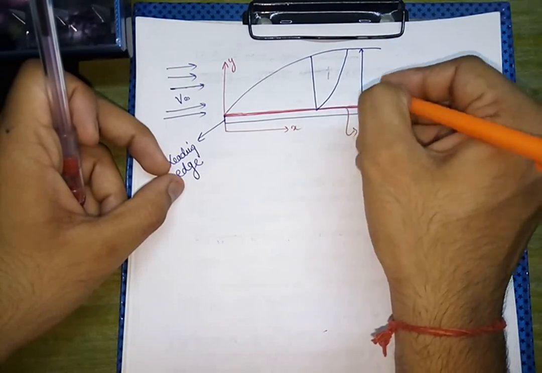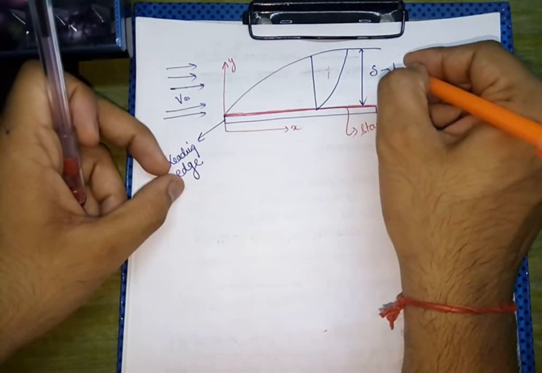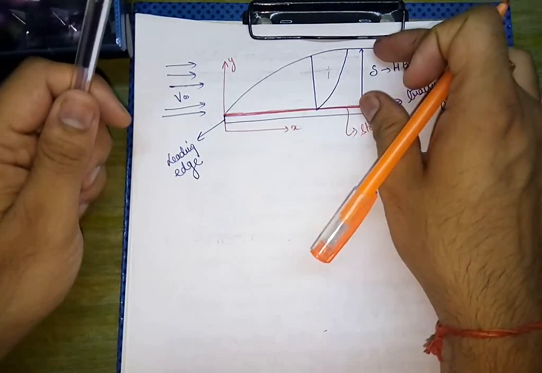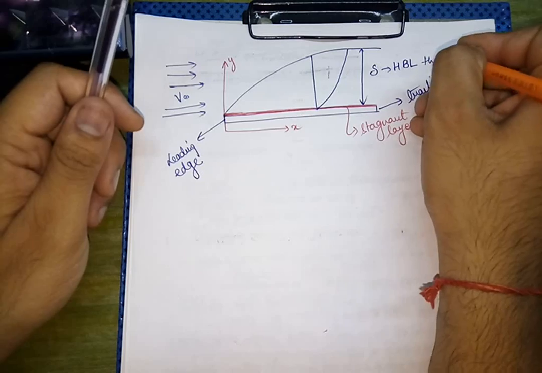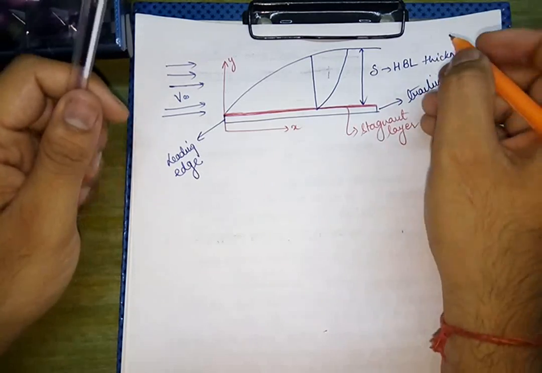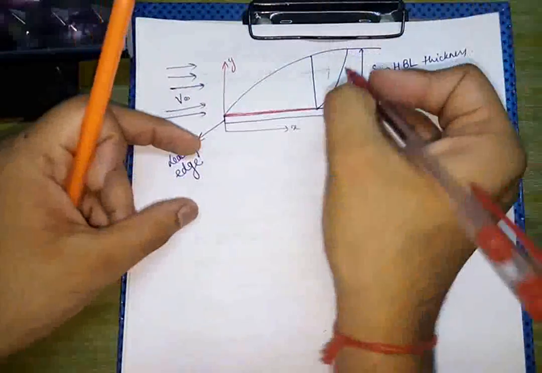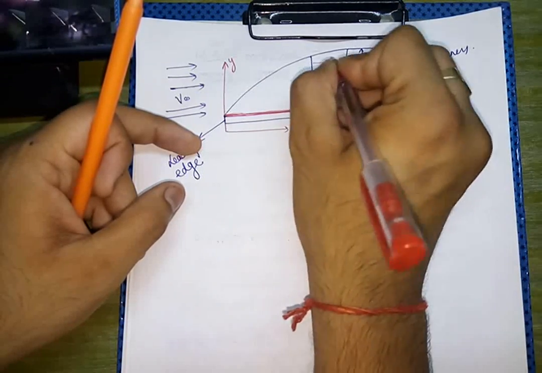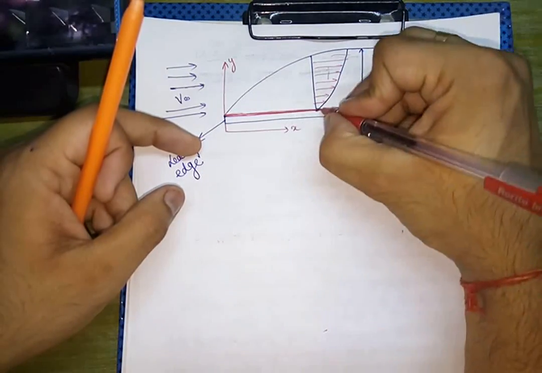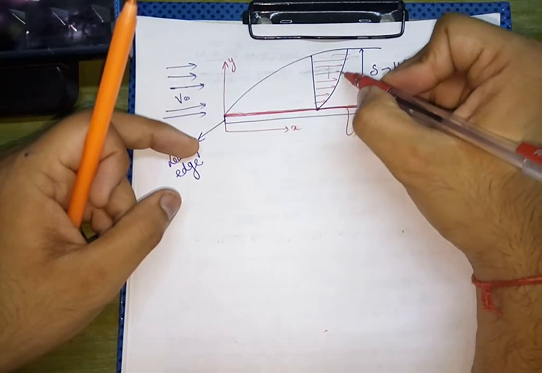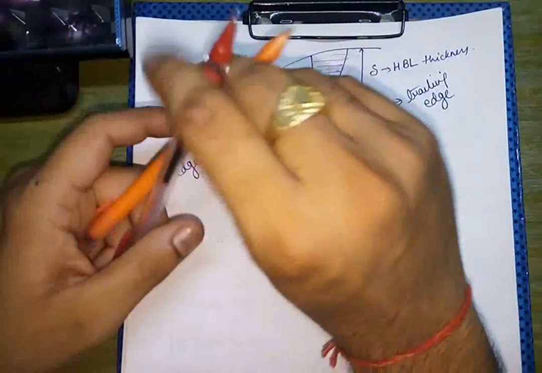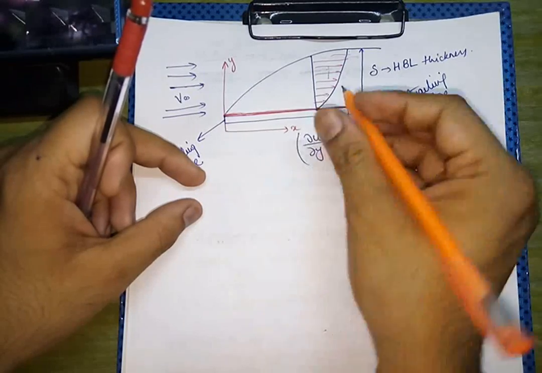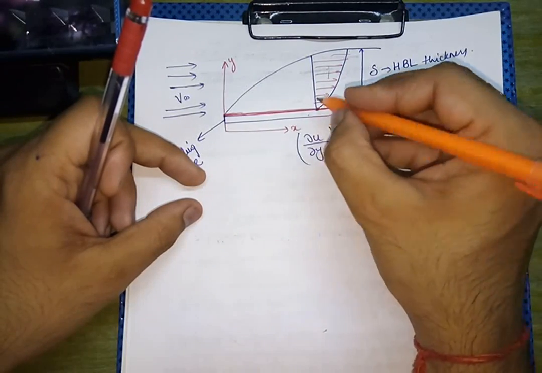This thickness is called delta, that is the hydrodynamic boundary layer thickness. How thick is the boundary? And this is the velocity profile. We see that at this point the velocity is 0 and the velocity is increasing as we move upwards, but del u upon del y, which is the slope of the velocity, is decreasing.